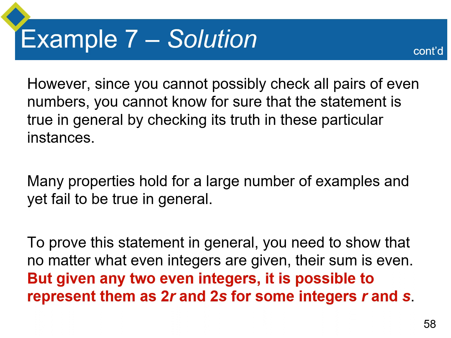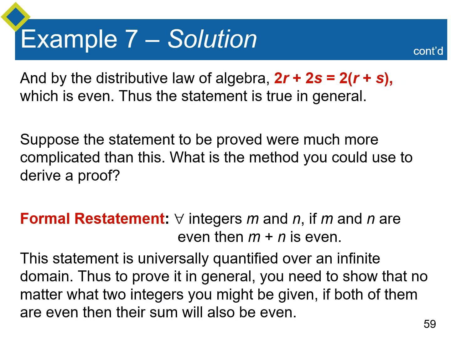Okay, so we can use this: given, it's possible to represent them as 2r and 2s, because even is 2k, for some integers r and s.